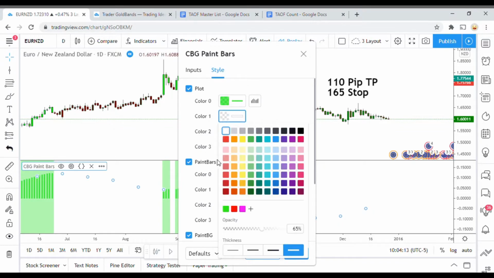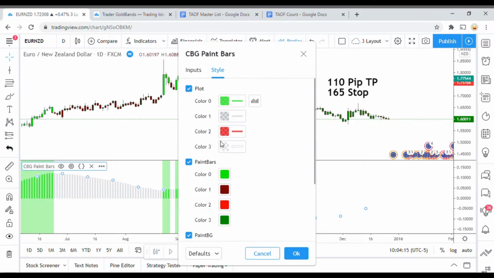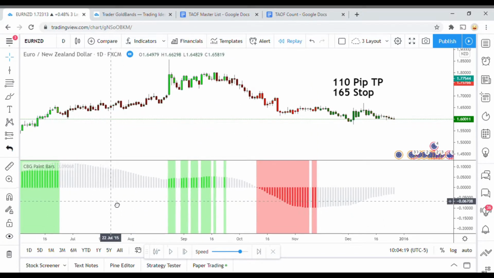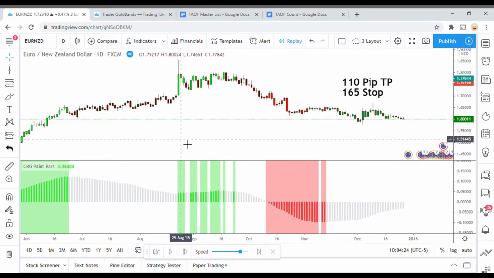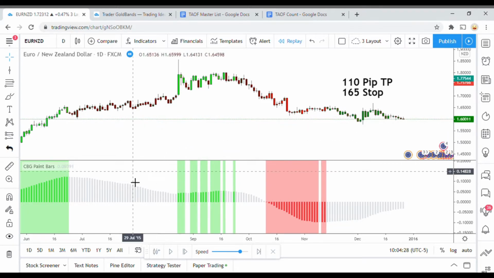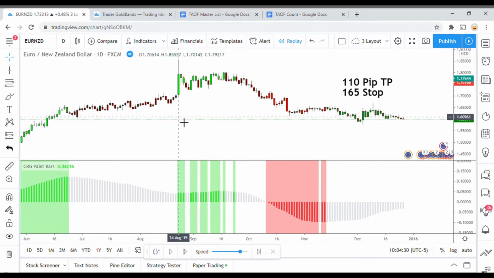And for the sake of having them there, we could make the bars a really light gray, just so you can visually see where they are.